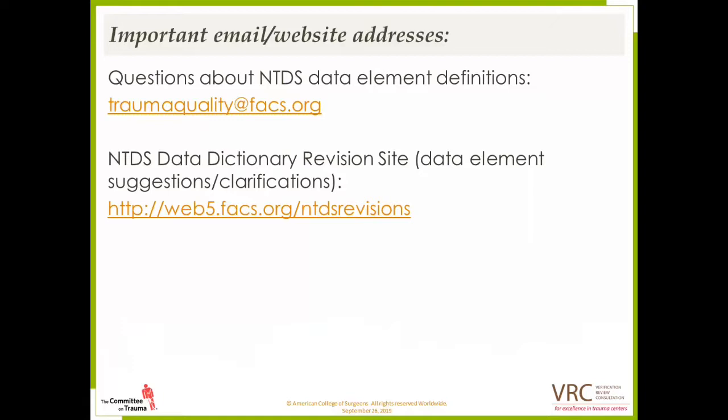Whatever your suggestion or clarification is, this is the official platform, and the work group reviews those 2 times a year. So we're getting ready to meet during Clinical Congress, so if you have any suggestions or clarifications that you would like them to consider, you might want to do that within the next few weeks.